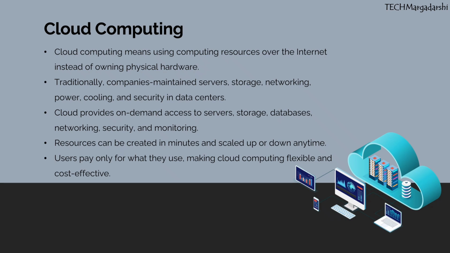Cloud computing means using computing resources over the internet instead of owning physical hardware. These resources include servers, storage, databases, networking, security, monitoring. All these are available on demand. You can create a server in minutes, increase or decrease resources anytime, pay only for what you use. This flexibility is the biggest advantage of cloud computing.